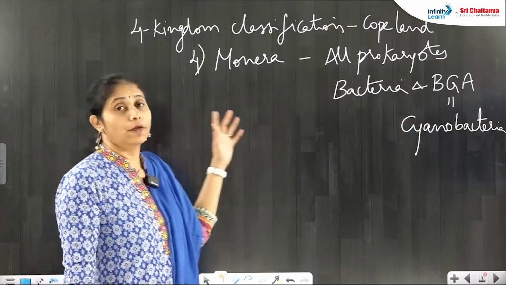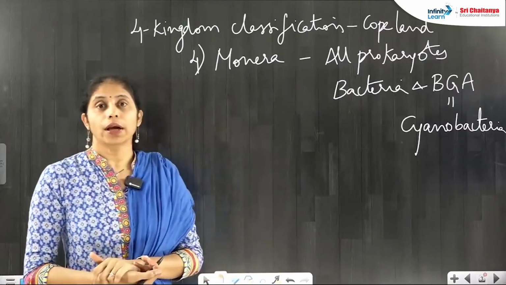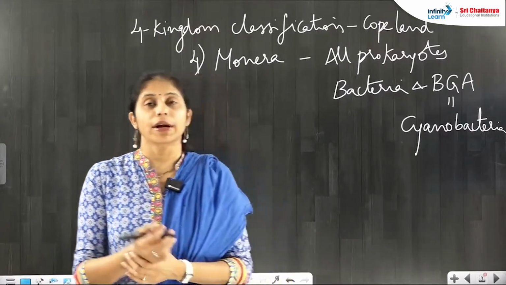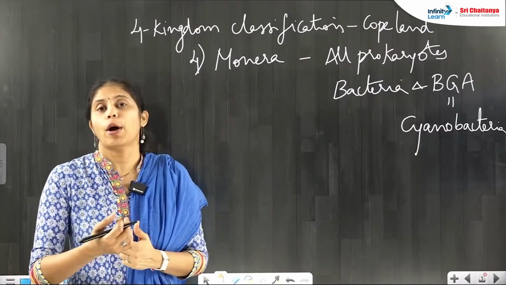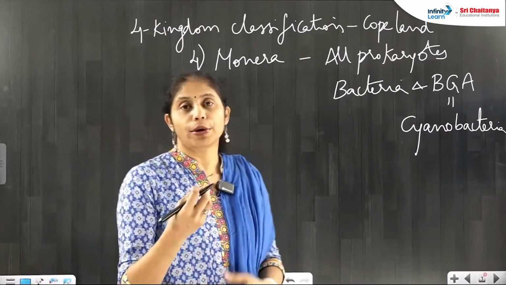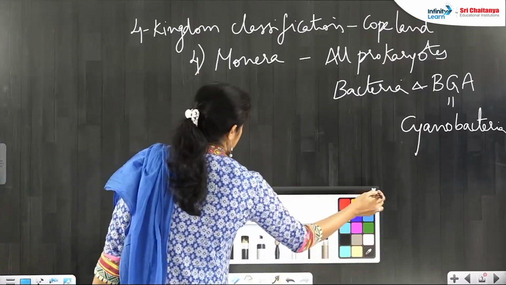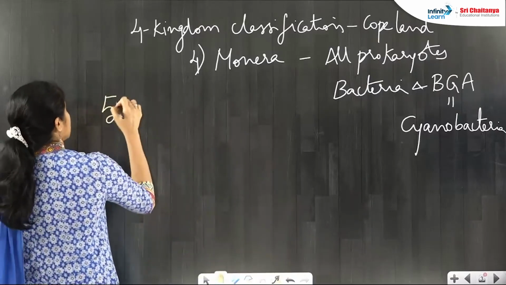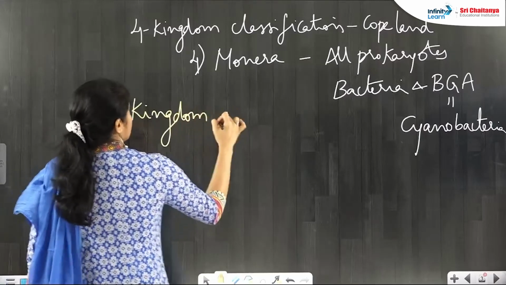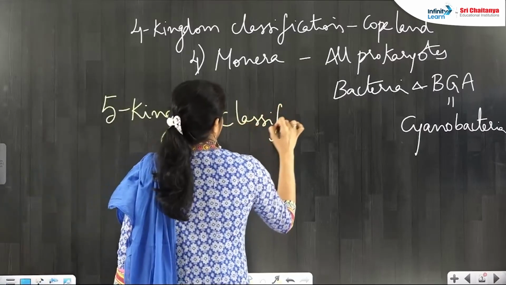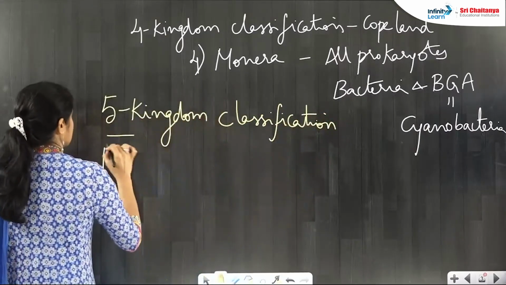Like that, the four kingdom classification was made. Even after this, the problem of heterotrophism and the absorptive mode of nutrition was not solved. Because of that, the five kingdom system of classification was given. You know who gave this system?